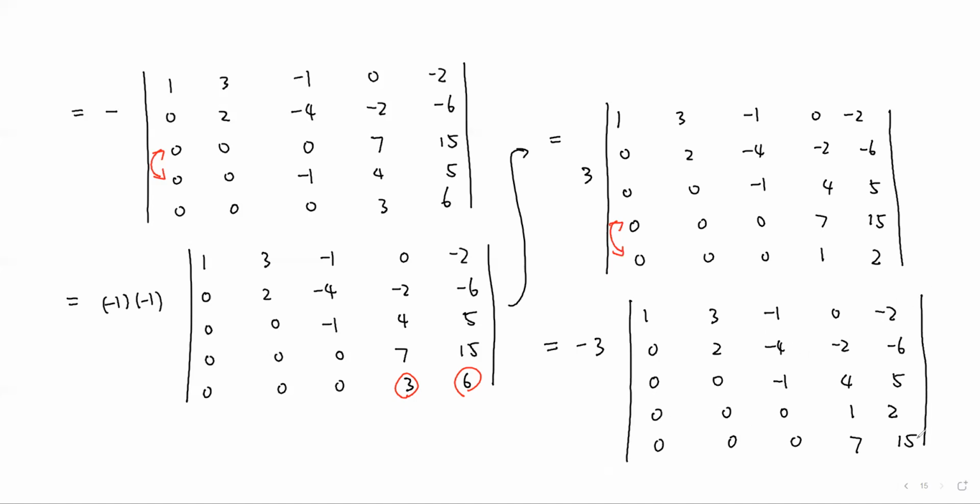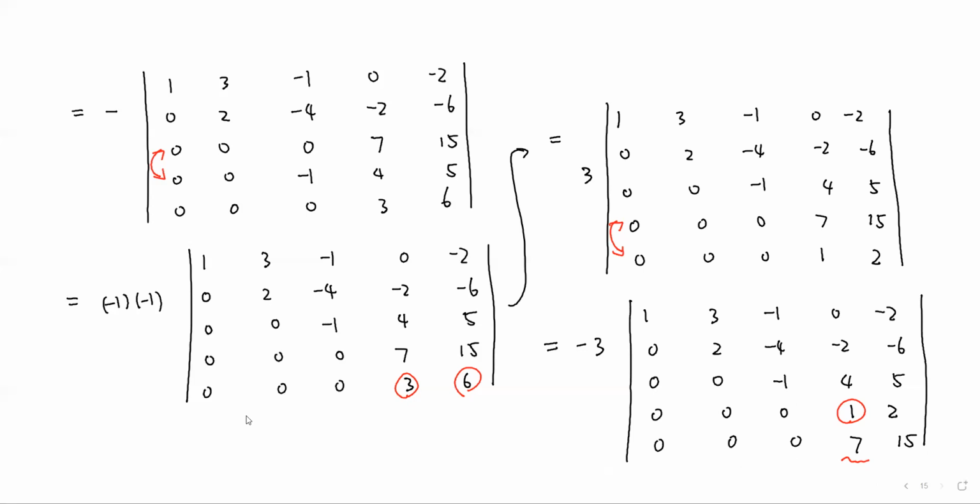Final step. Use this number as the pivot to eliminate 7. -7 times row 4 added to row 5. This operation doesn't change the value of a determinant.